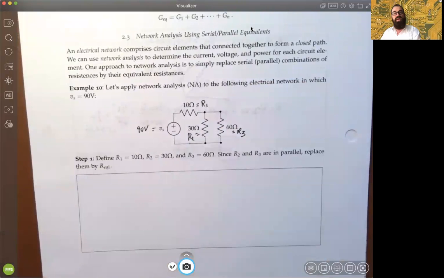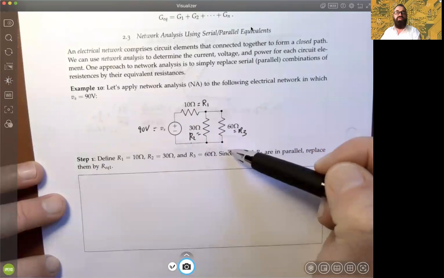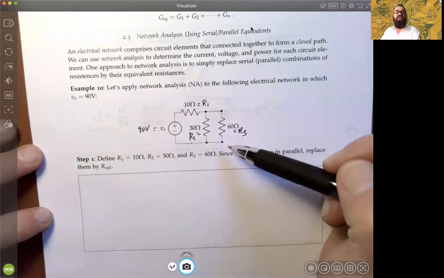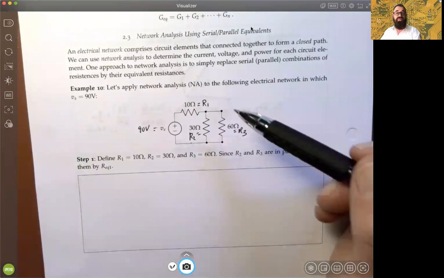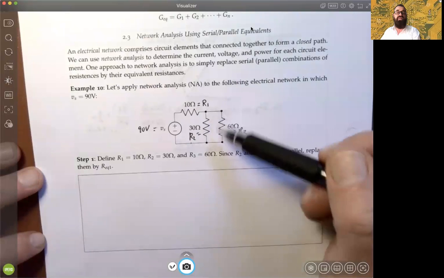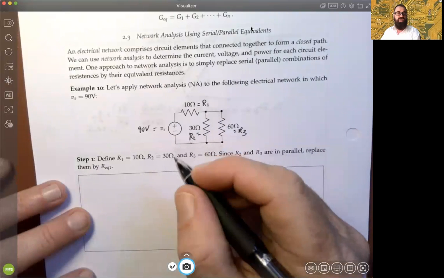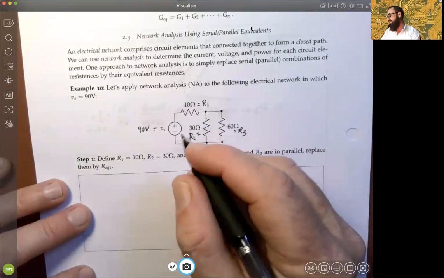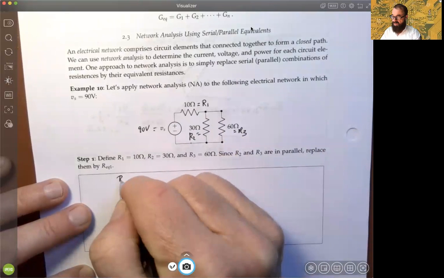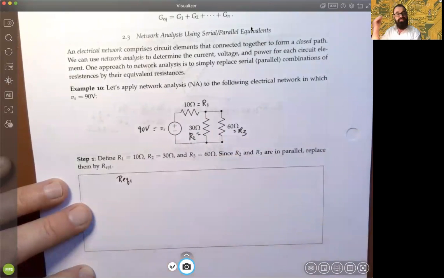And then from having labeled those resistances, let's look at the first relationship that we can observe, and we can see that resistance 2 and 3, like we did in the previous lecture, are clearly in parallel. Their nodes are connected end to end. And so we can go ahead and replace them by an equivalent resistance. So let's define that as REQ1 as indicated.